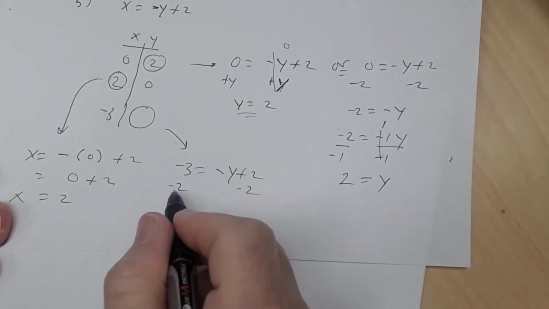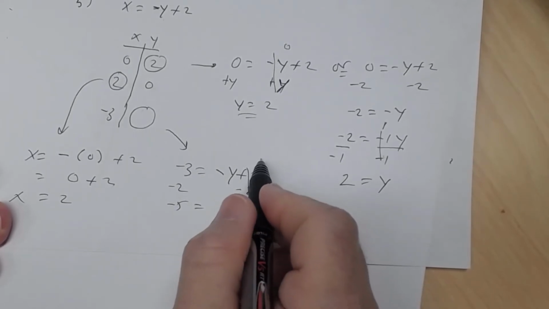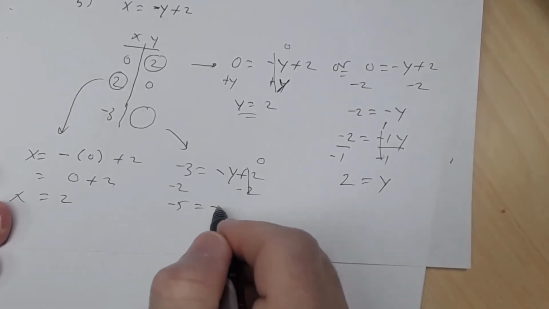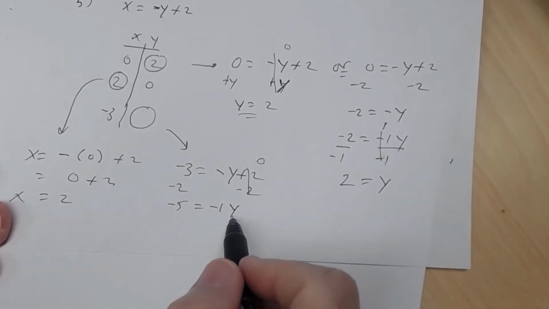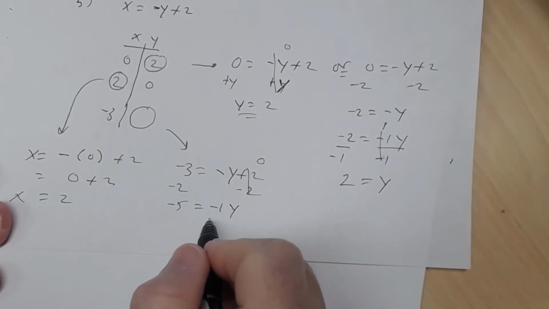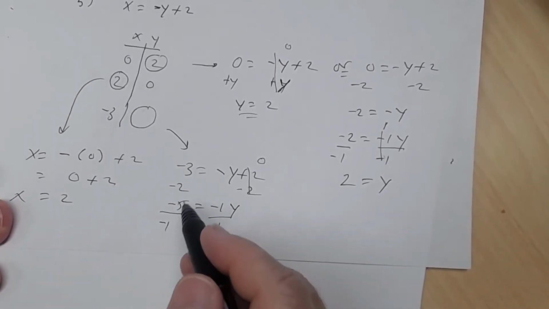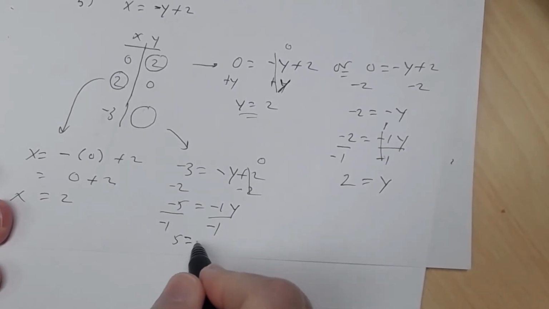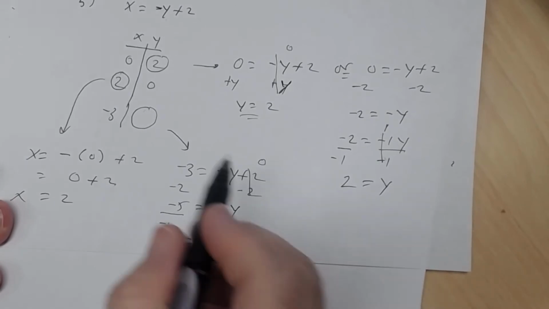So I get negative 3 and a negative 2 is a negative 5 equals positive 2 and a negative 2 is 0, and I'm going to write this as negative 1y, just like I did before. To get y by itself, right now you're multiplying by negative 1. The opposite of multiplying by negative 1 is to divide by negative 1. And so a negative 5 divided by negative 1 is a positive 5, and that equals y, because negative 1 divided by negative 1 is 1. 1 times y is y.